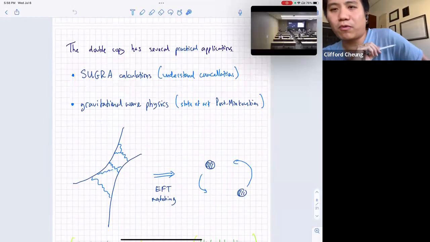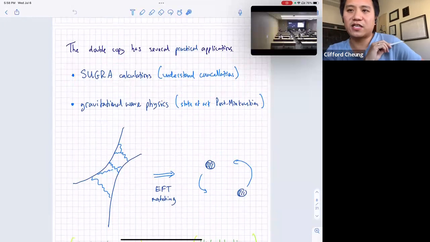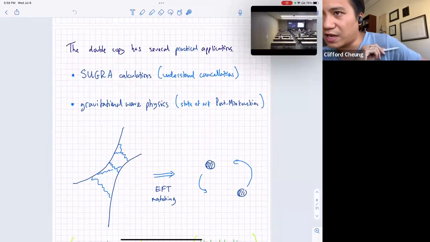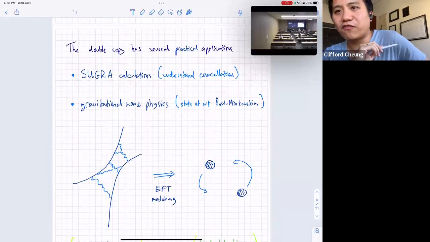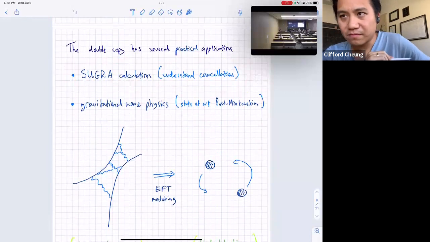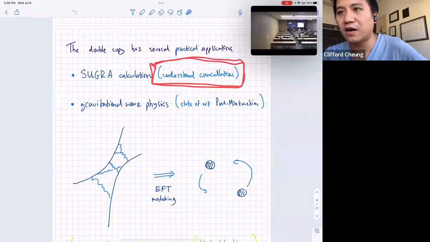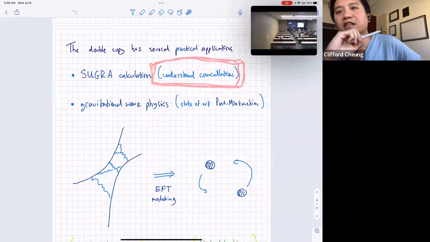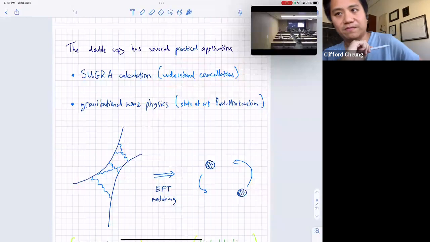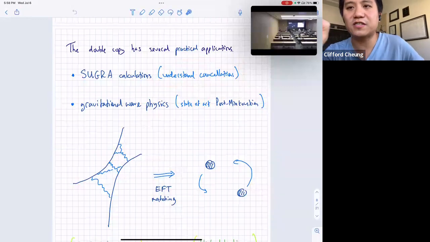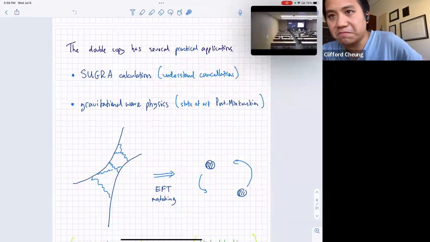Very high loop order calculations in supersymmetric gravitational theories are very hard to do with Feynman diagrams. But if you do them first in the gauge theory and then square them, it's much easier. This is of interest from a purely theoretical point of view, because there are these cancellations that famously happen in gravity. One amusing fact, which you may or may not know, is that Einstein's general relativity, if you compute diagrams at one loop, is finite, which should sound very confusing to you.